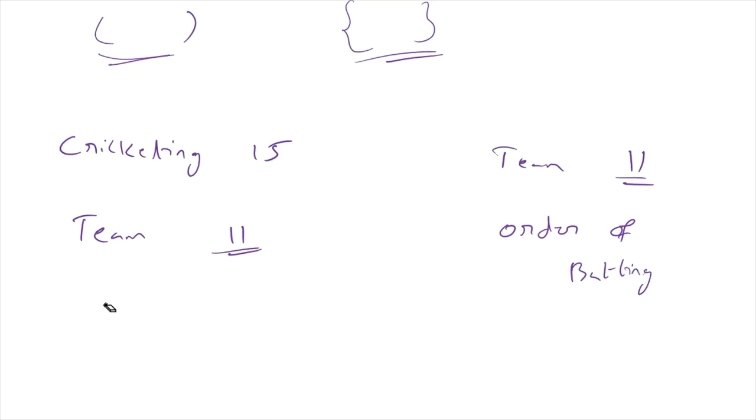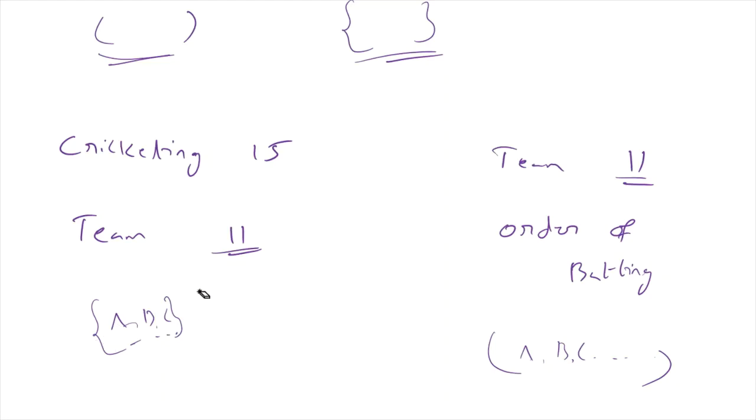We'll announce those 11 names in these brackets, and we'll write the batting order in these brackets. Suppose I write A, B, C, D and so on, then A is the first batsman, B is the second batsman, C is the third batsman and so on. In the team, if I write A, B, C and so on, then A is there in the cricketing team, B is there, C is there and so on.